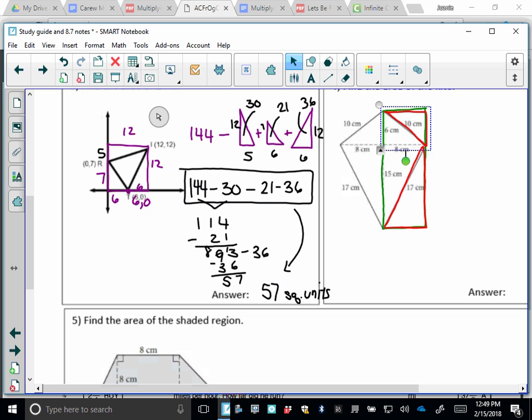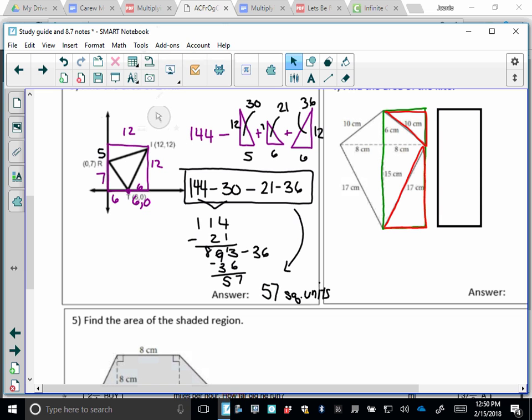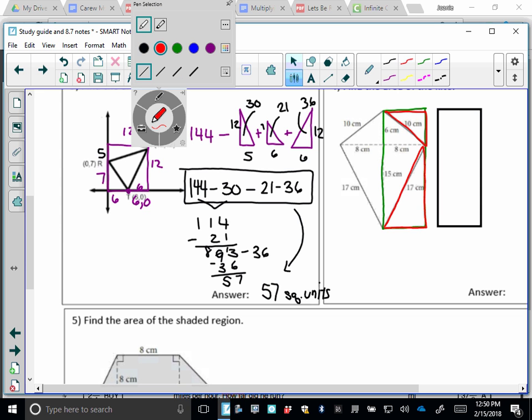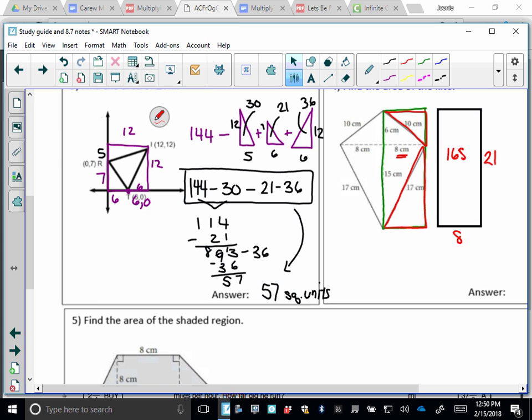And so one way to figure out the area of a kite is just figure out the area of the rectangle that's associated with the kite. And that is just 8 from up here by 21. So 168 centimeters squared.